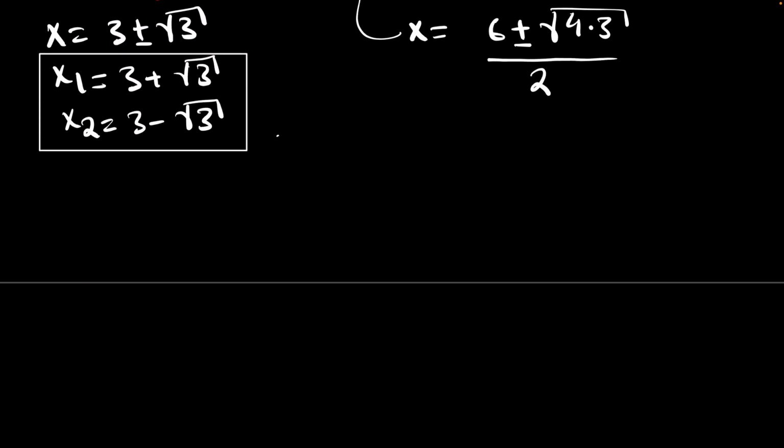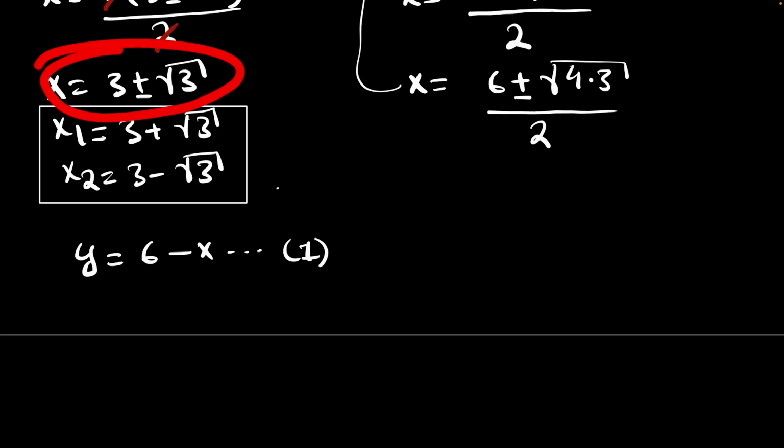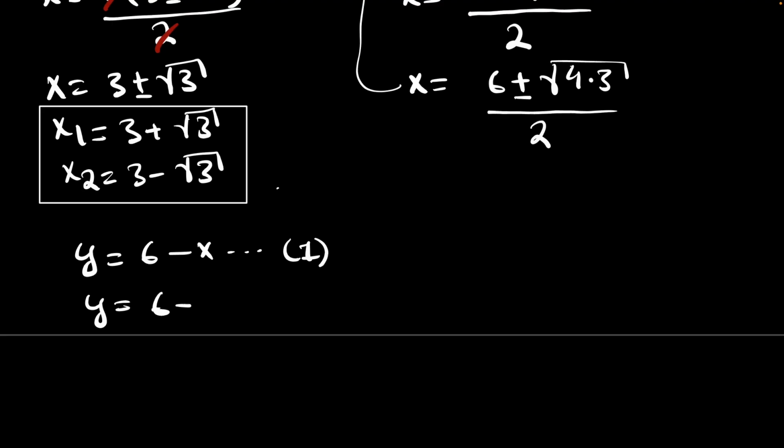So I'm going to plug in the value of x in this equation, equation 1. Let's go and do it. y is equal to 6 minus x, where x is 3 plus or minus the square root of 3.